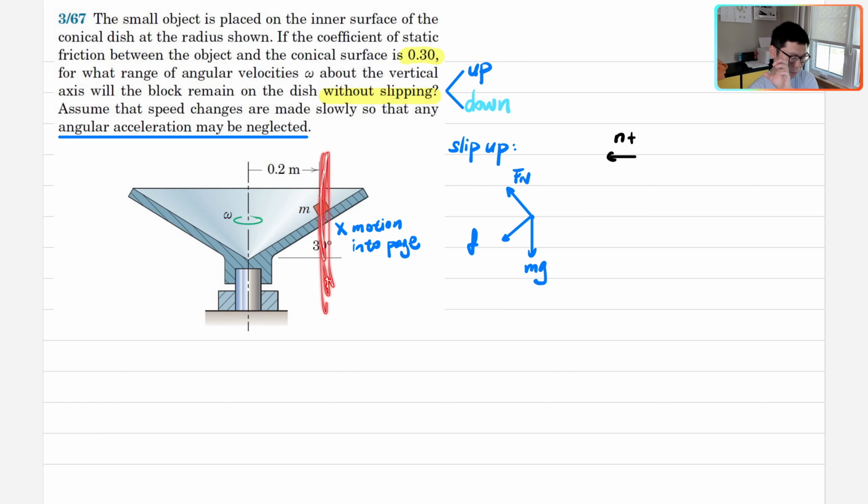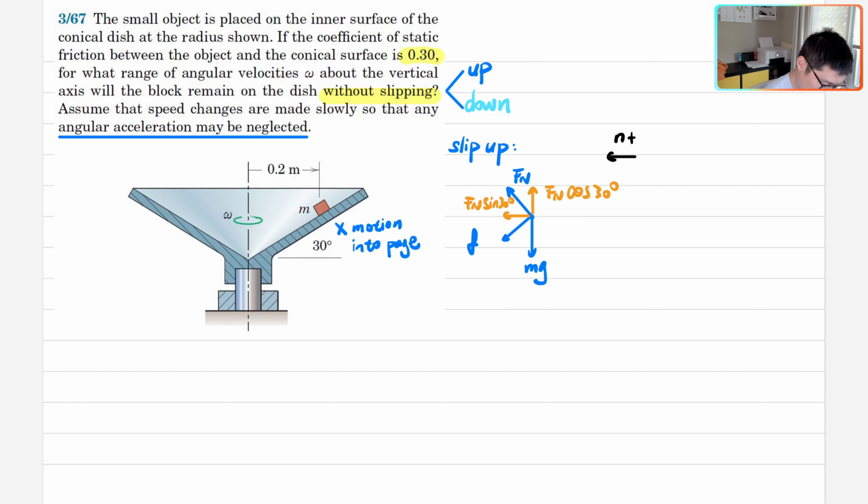So the vertical forces will be balanced, and the resultant force towards the center gives you the normal acceleration that is changing your velocity's direction. Given that, our Fn can be broken into Fn cos 30 degrees and Fn sine 30 degrees.